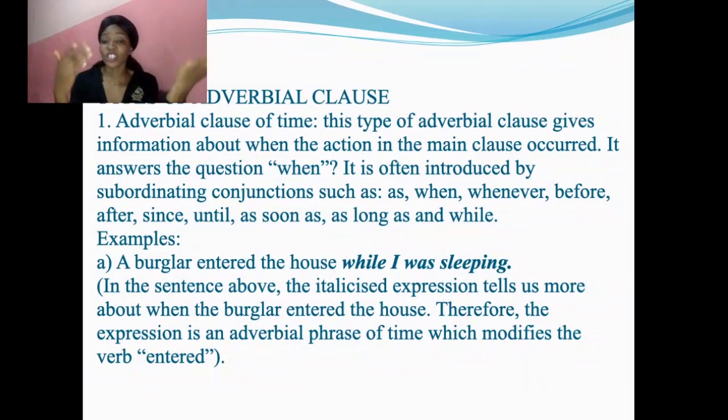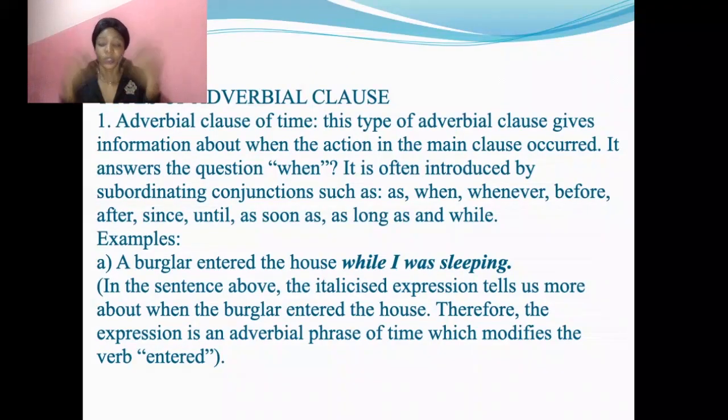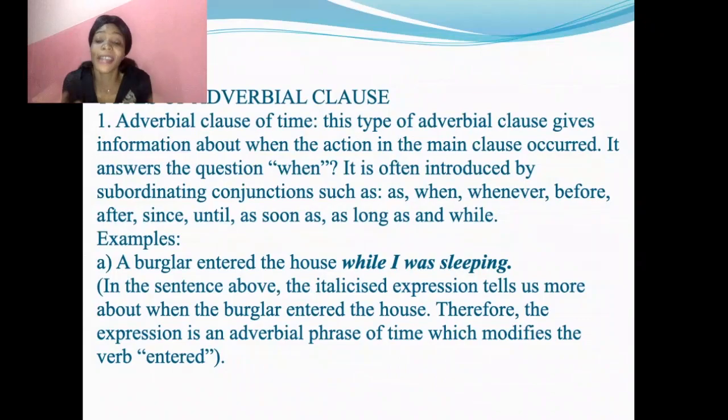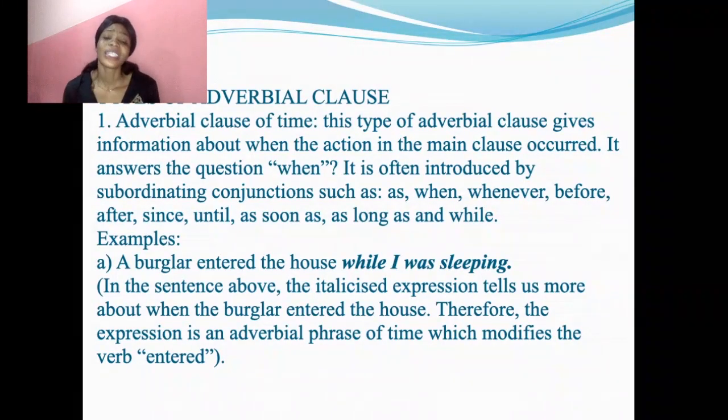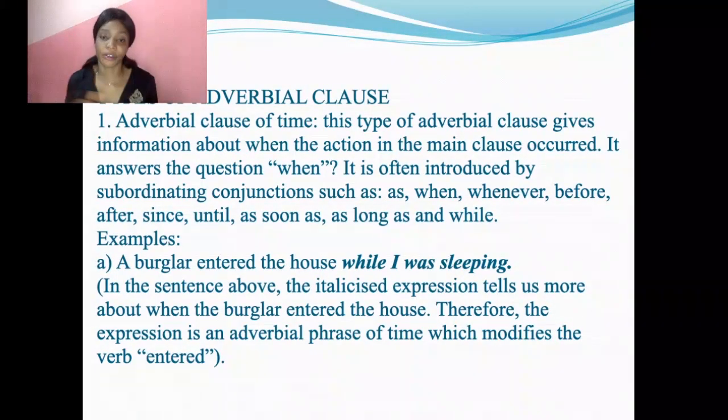And this subject and verb must tell us when an action took place. Now, the adverbial clause of time is often introduced by subordinating conjunctions such as when, whenever, since, as soon as, while, and so on and so forth.